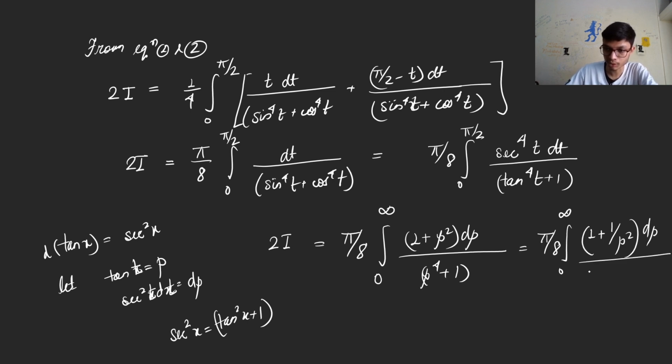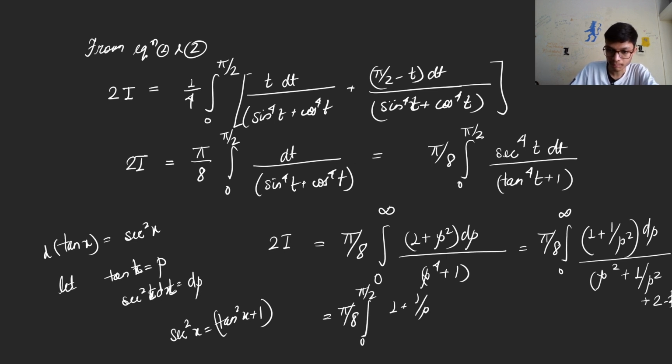Since I took p square common, the denominator becomes p square plus 1 divided by p square, and now I have to club this in the form of a perfect square. So what I do is add plus 2 and minus 2 simultaneously, and in doing so the result is simplified as pi by 8 times the integral of 1 plus p square dp.